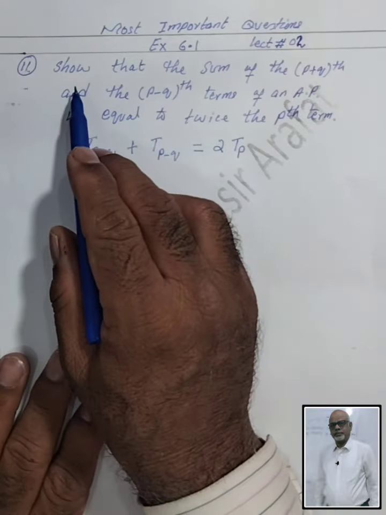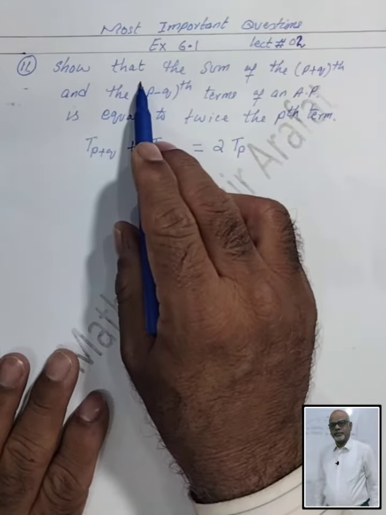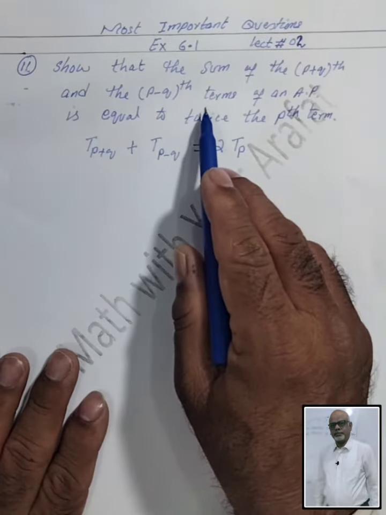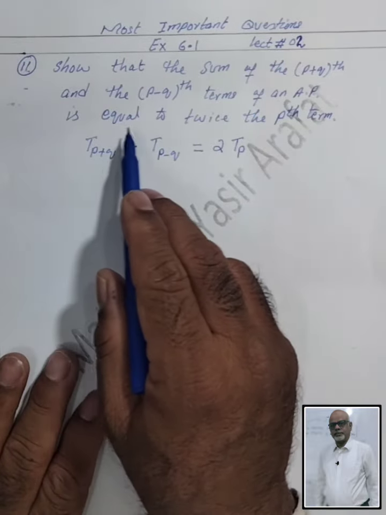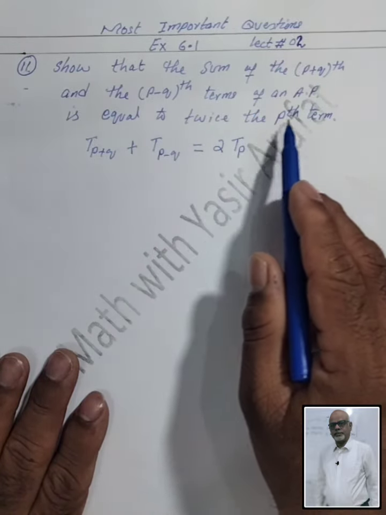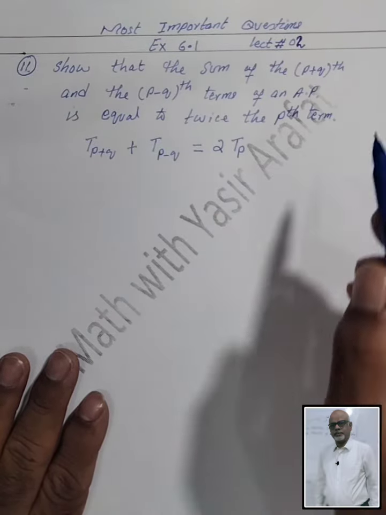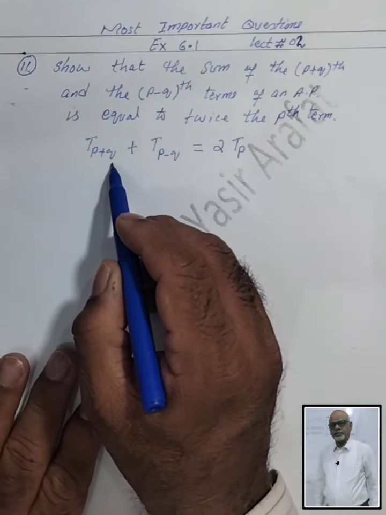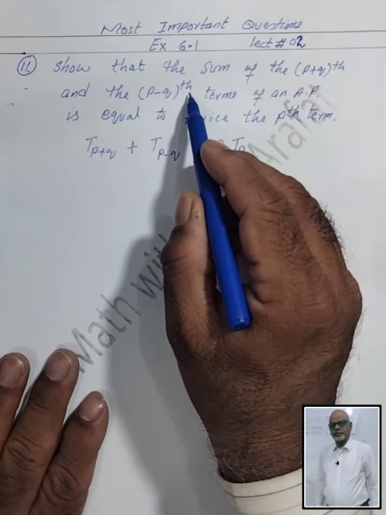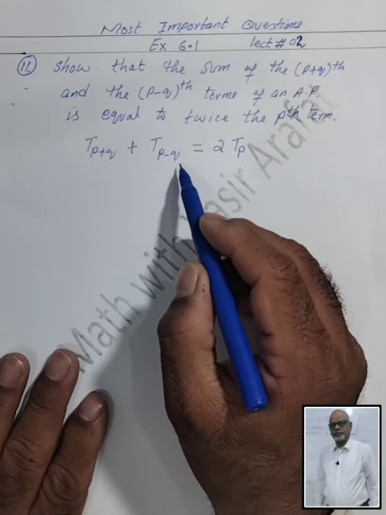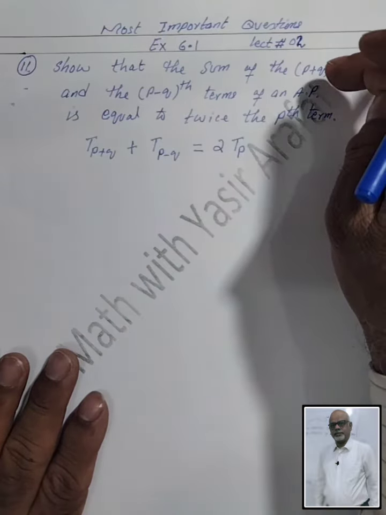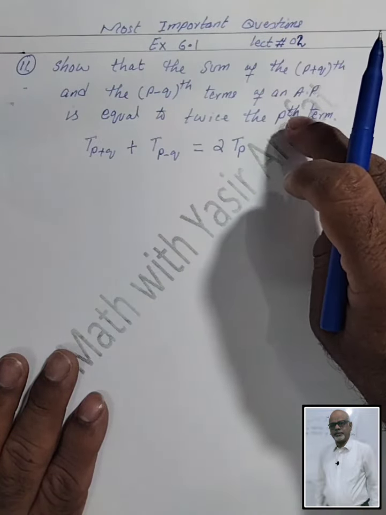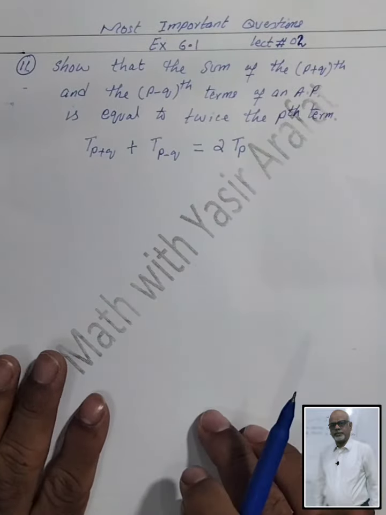Now dear students, listen to this point again. Show that the sum of the p plus qth term and p minus qth term of an AP is equal to twice the pth term. According to the question, the sum of T(p+q) and T(p-q) is twice the pth term, T(p).